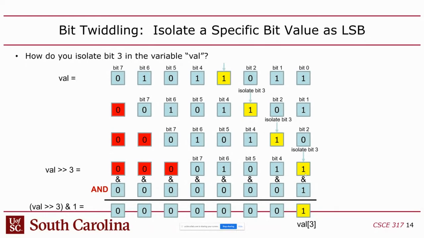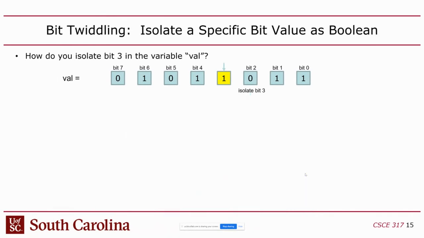Now I'm showing in this case the original value of bit 3 was a 1, but this would also work if the original value were 0. So you're going to end up with either all zeros and a 1 or all zeros and a 0 in the output of this.